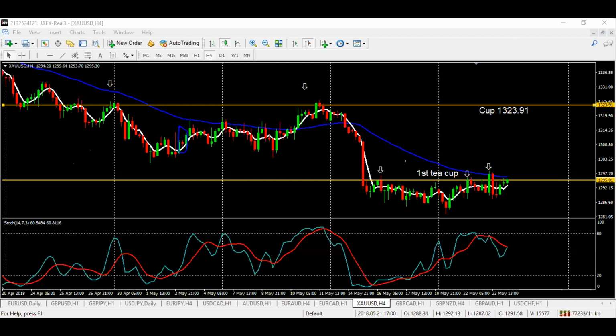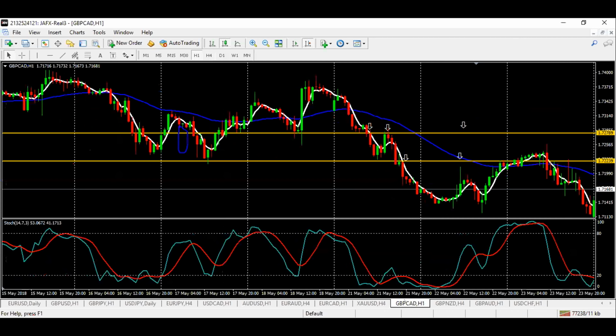So again, the first teacup that triggered led to the second teacup, right? So that's gold, GCAD. We had some stuff with GCAD.